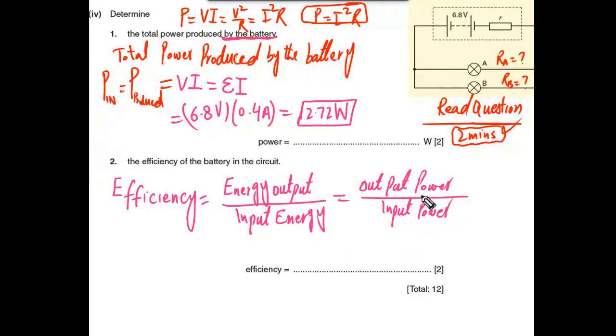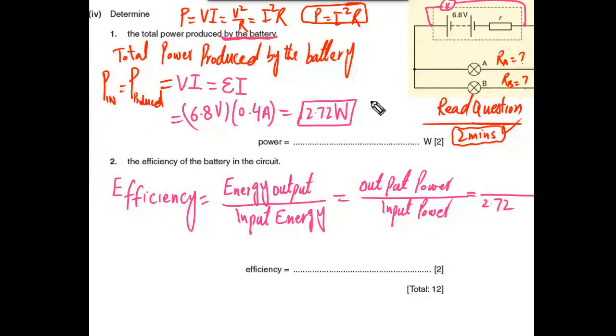Now, what is output power? We didn't calculate it yet, so I will calculate it right now. The input power is this one, the total input by the battery, that is 2.72. So what is the output now? The output, you see, out of the battery the voltage we have is only 6 volt.